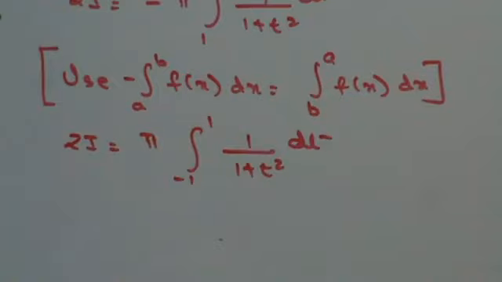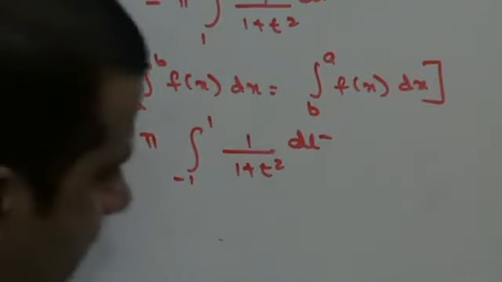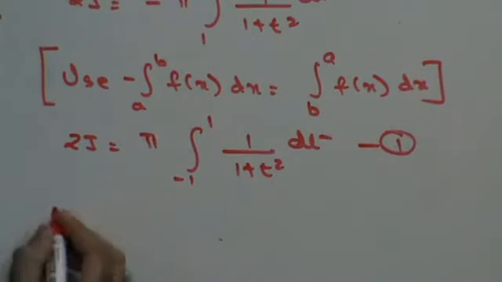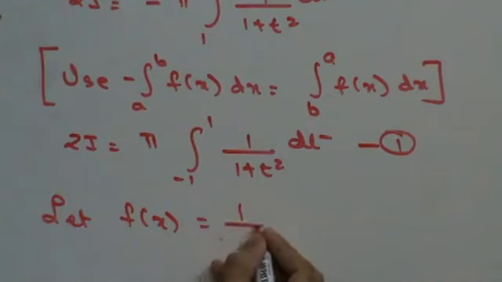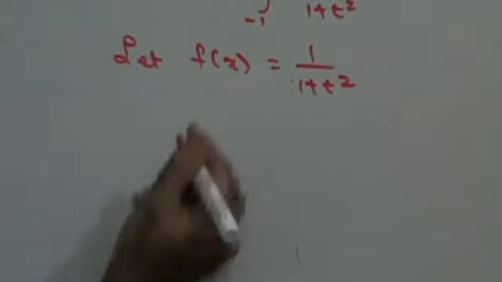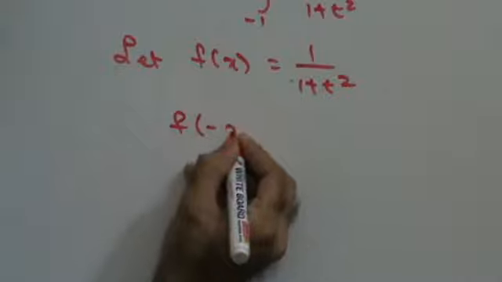Now let us assume that f of x is equal to 1 upon 1 plus t square. Now let's find out f of minus x.